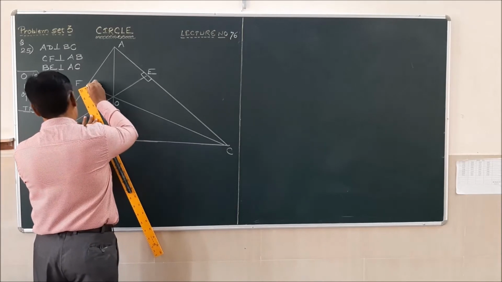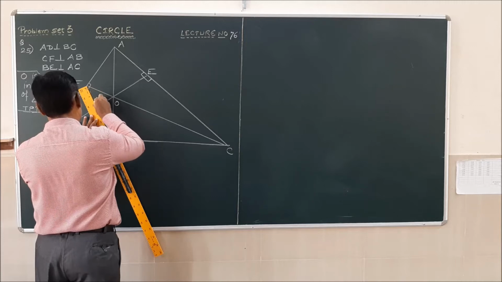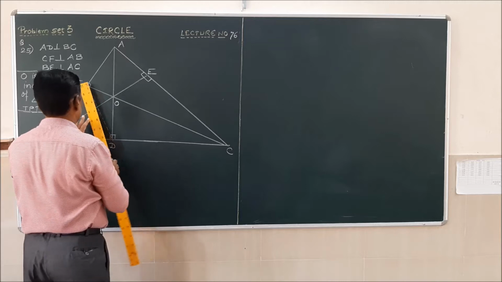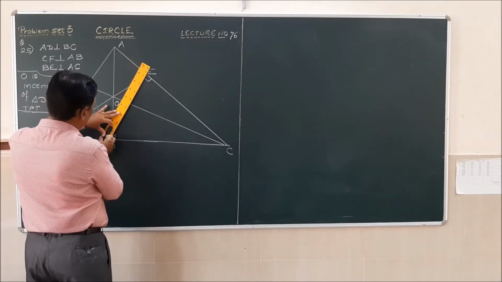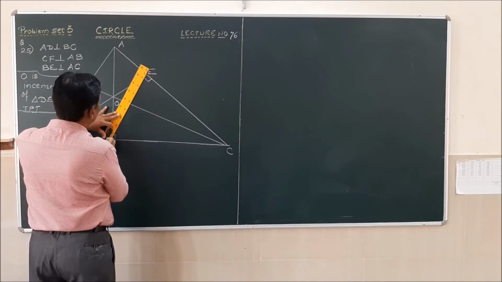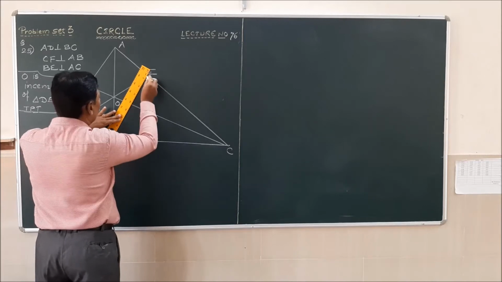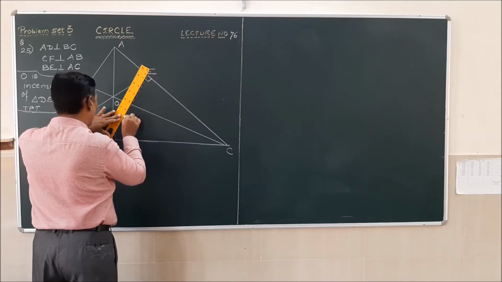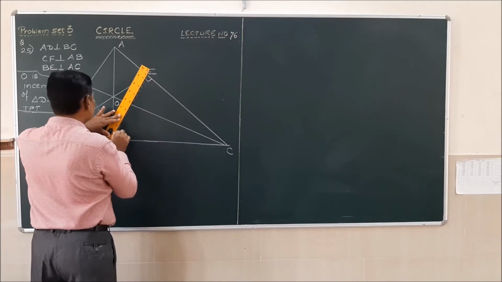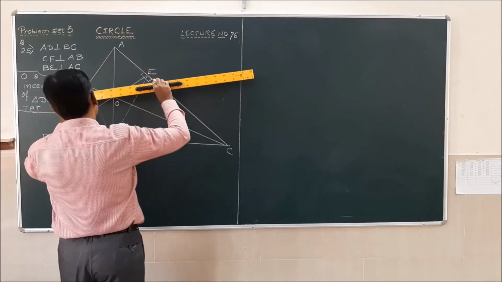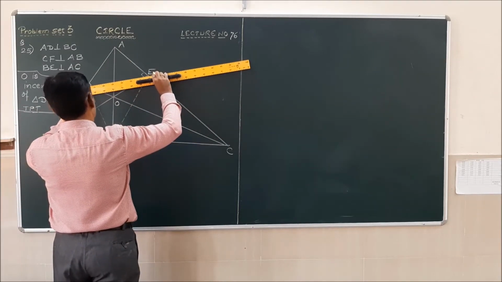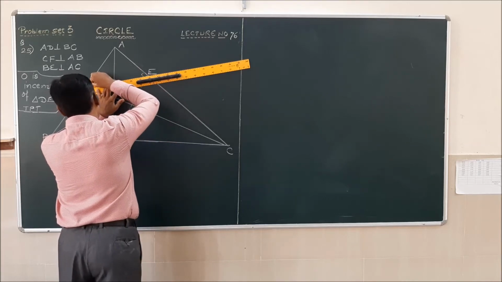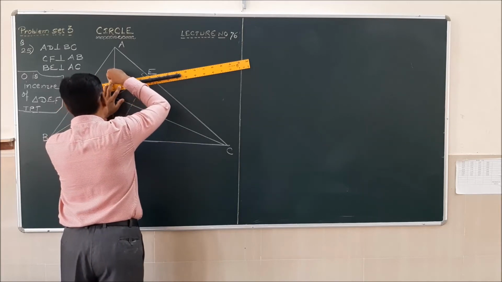Incenter of the triangle. Incenter means the center of an incircle, and to draw the incircle, it is very important: the incenter is the point of intersection of the angle bisectors of that triangle.